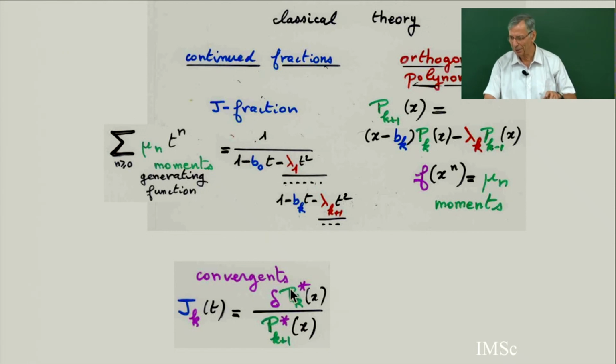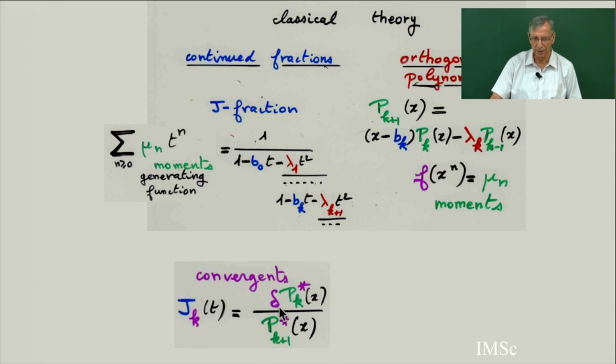Reciprocal, I will explain. Reciprocal means that if the polynomial is of degree k, you change x into 1 over x, and you multiply everything by x power k to get again a polynomial. It means the coefficient of the highest degree becomes the constant term, the coefficient just after becomes the linear term, etc. You just reverse.